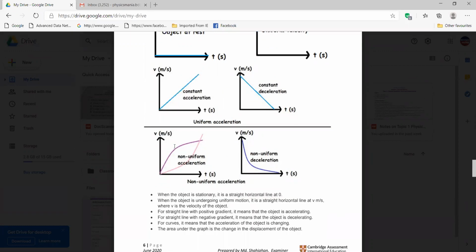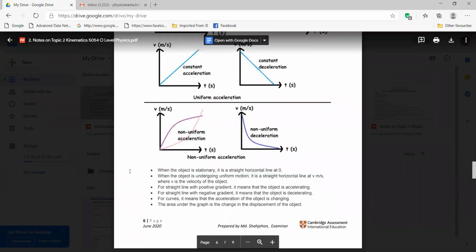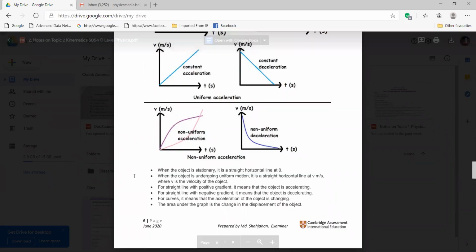Then can you read these points? Yes. When the object is stationary, it is a straight horizontal line at zero. When the object is undergoing uniform motion, it is a straight horizontal line at v meter per second, where v is the velocity of the object.